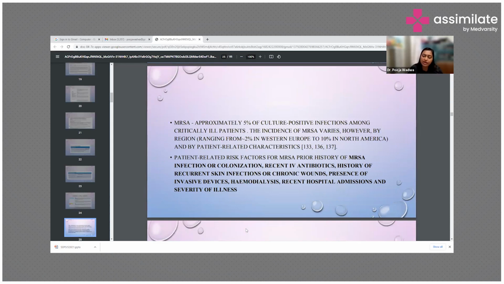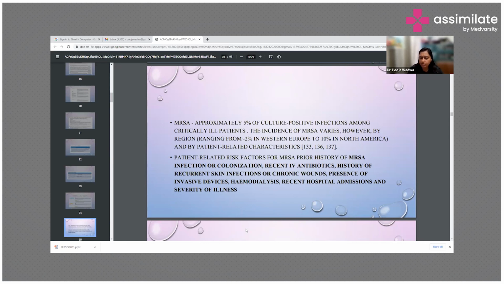Although in India we have less incidence of MRSA, it is more common in European countries and in the Western countries. MRSA approximately comes in around 5% of culture positive infections.